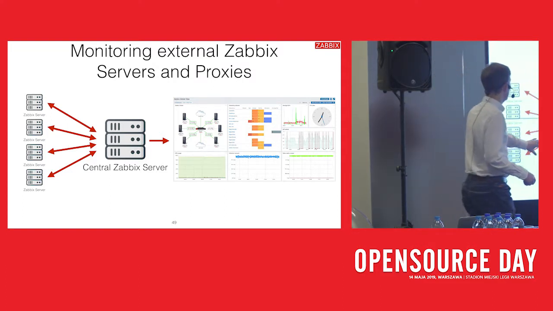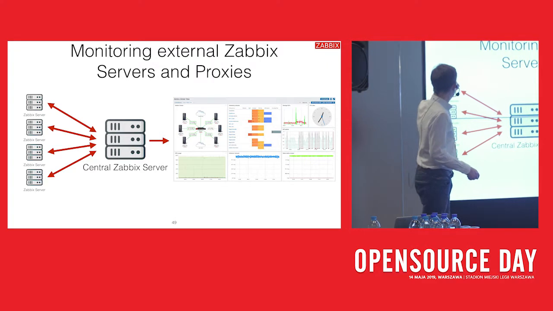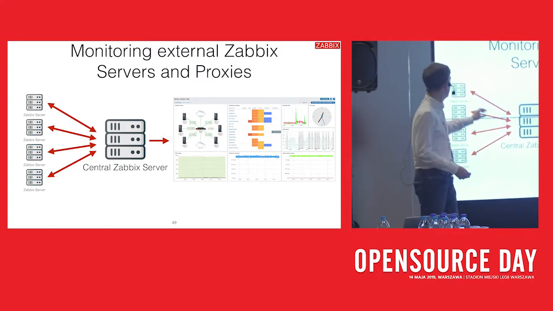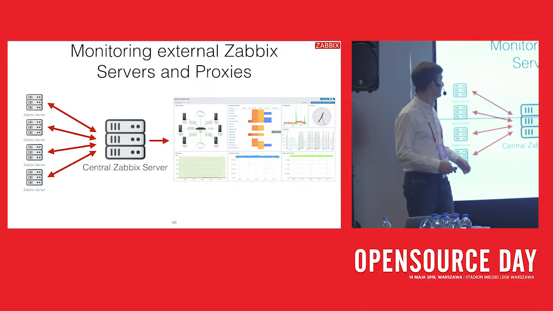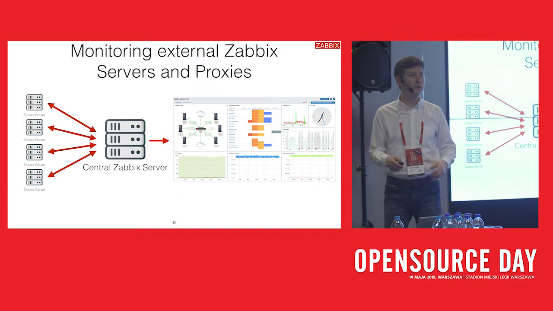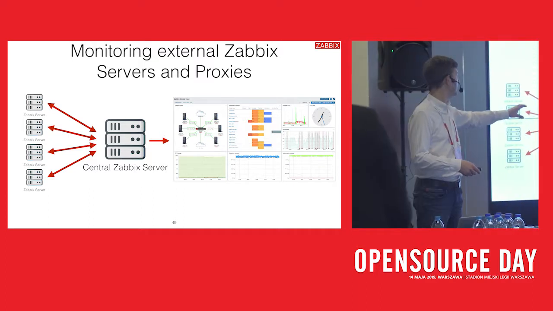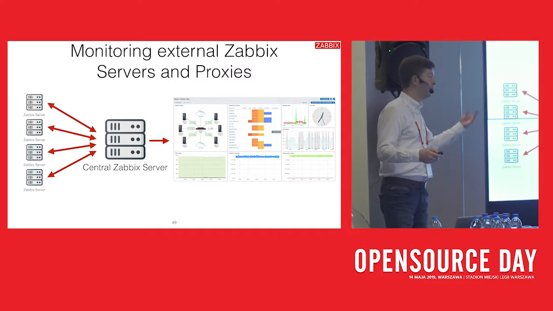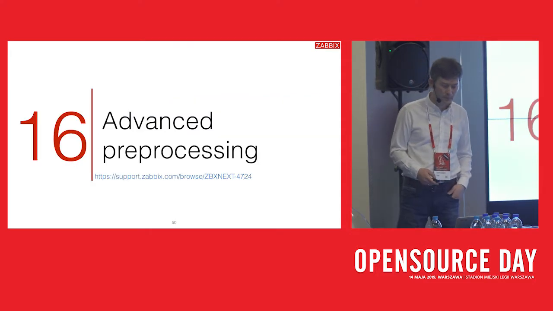So Zabbix would connect directly through Zabbix agent to Zabbix server and get internal statistics from this Zabbix server. Then you can use it for everything, for visualization purposes, to see how fast your servers work, or maybe for alerting, obviously, as well.